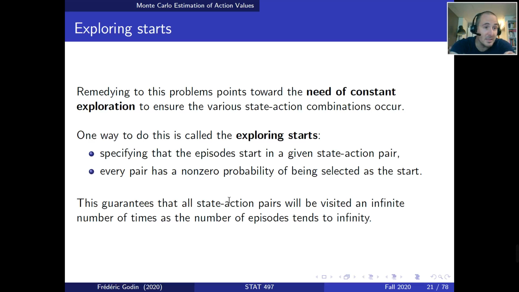So we'll first present one approach to do that, which is called exploring starts. But in practice, we're going to see that this method is not good. Okay, so unless you have very small problems, this method might not work very well.